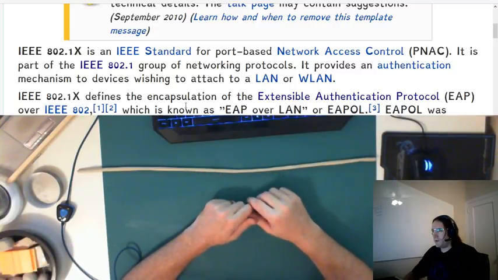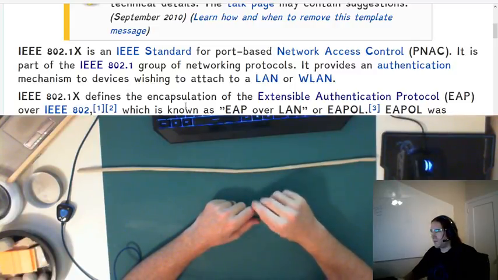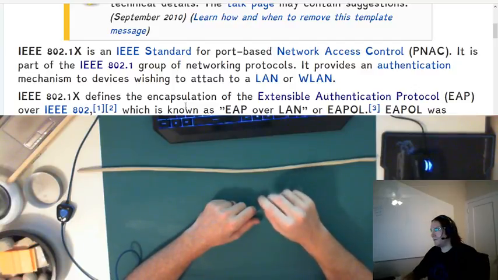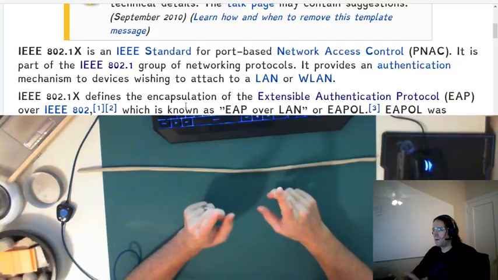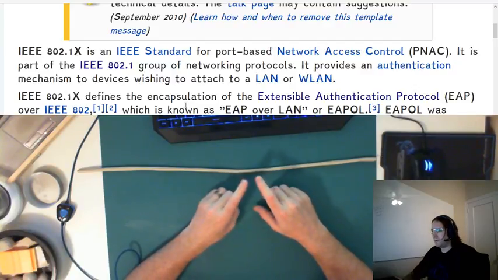IEEE 802.1x defines the encapsulation of the Extensible Authentication Protocol, EAP, over IEEE 802.